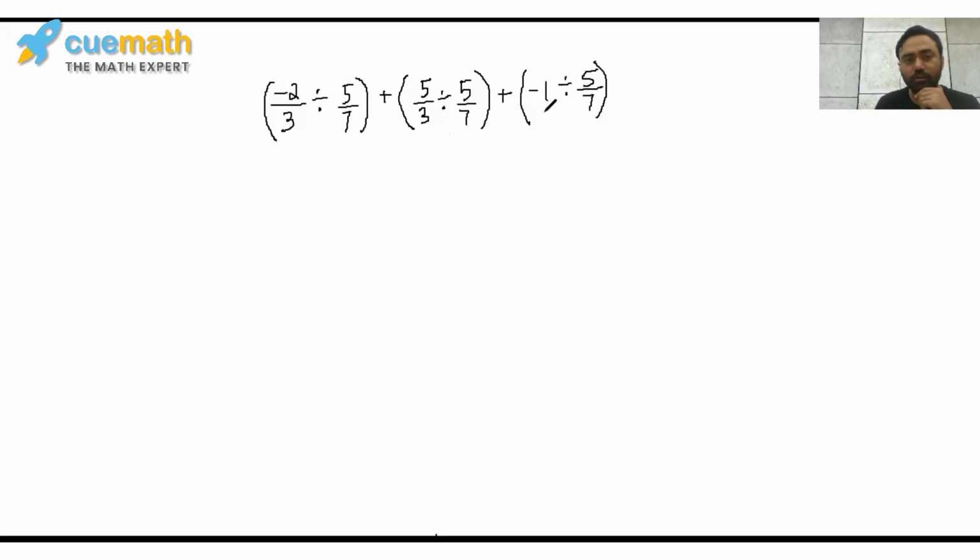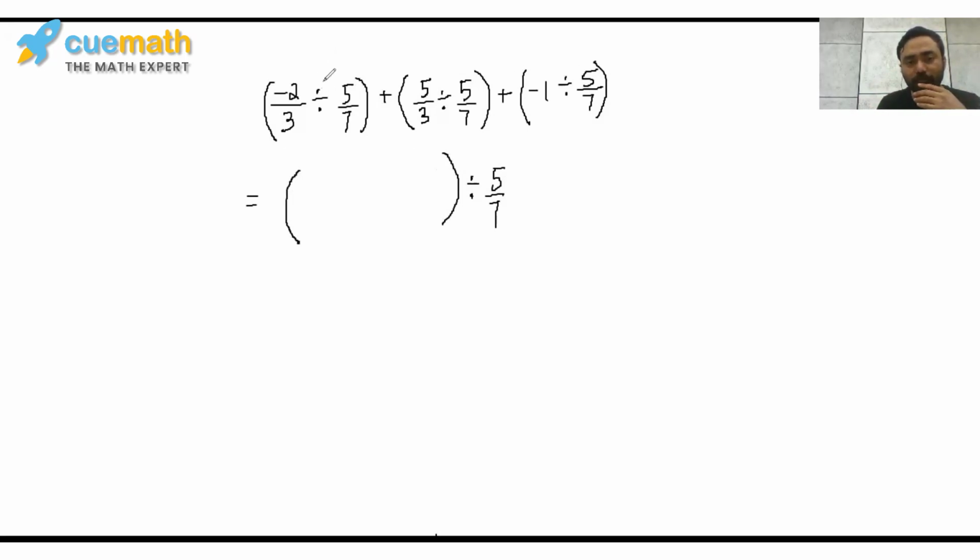If we observe the three brackets, we see that there is a fraction which is being distributed in all the three, that is 5 over 7 in all the three with the division sign. So we are going to write this as divided by 5 over 7, to write the rest of the fractions inside one common bracket.